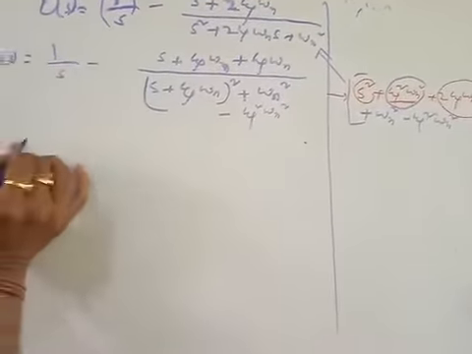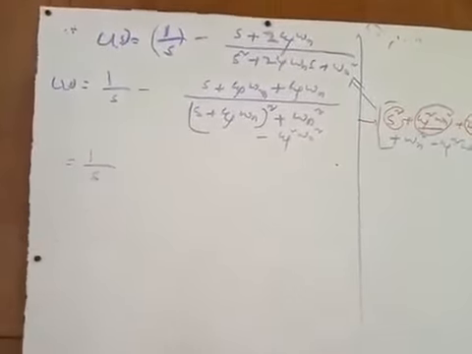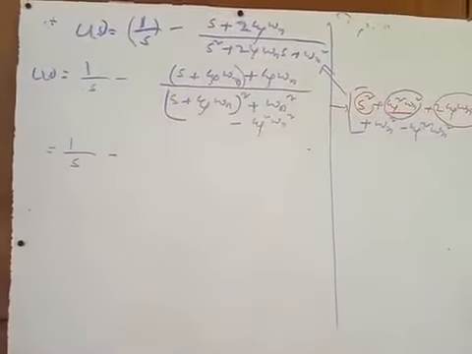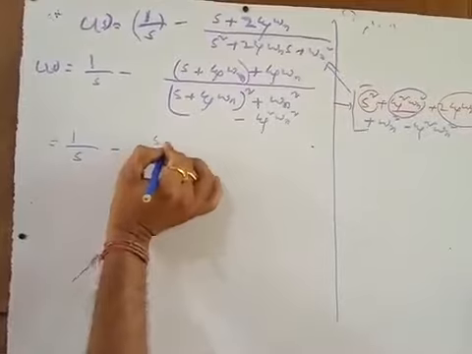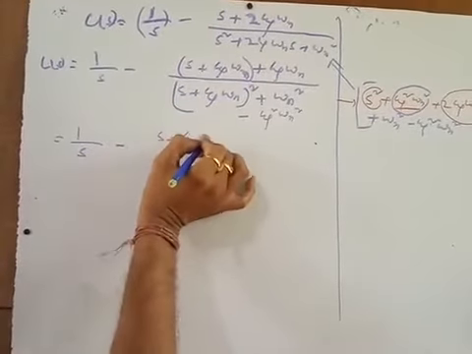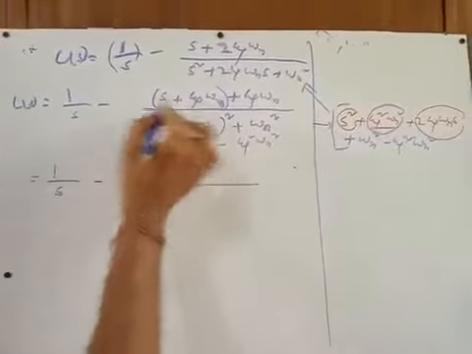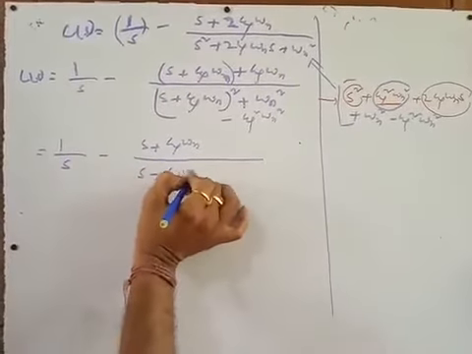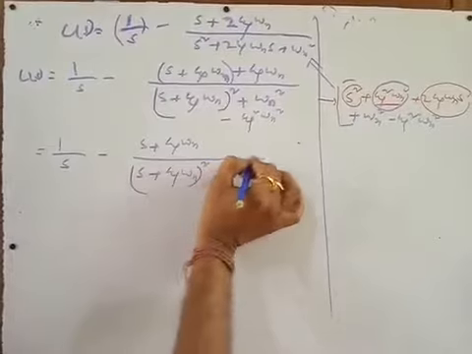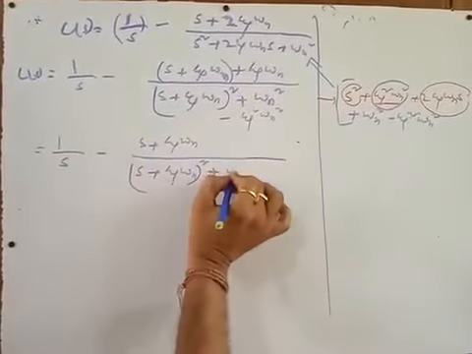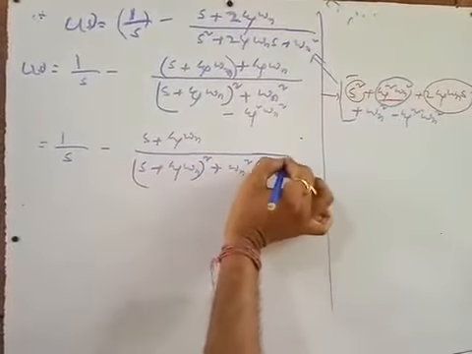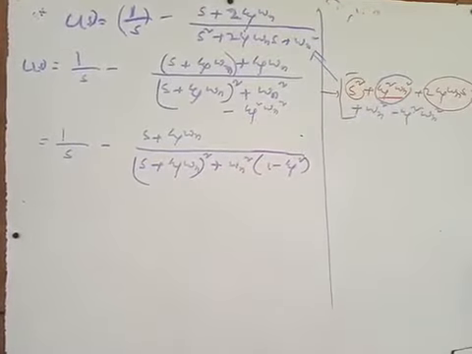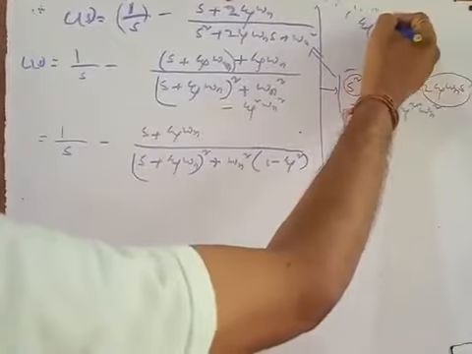And in the next line I can write 1 by s minus, s plus xi omega n, this is our form. We can write s plus xi omega n by this whole term. What is that? That is s plus xi omega n whole square plus omega n square into 1 minus xi square, as we are dealing with the underdamped system, so xi is considered to be less than 1.